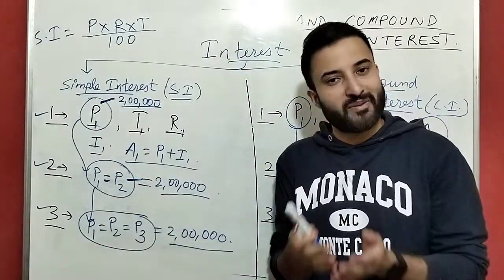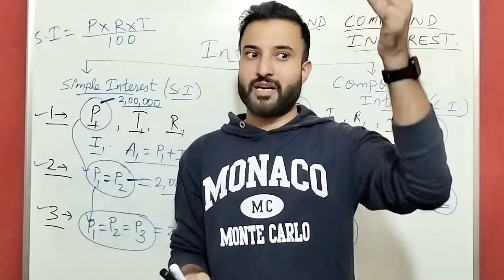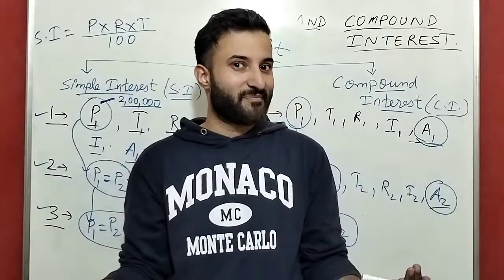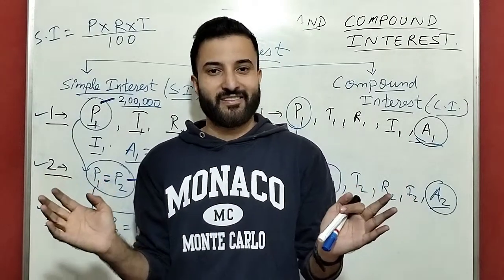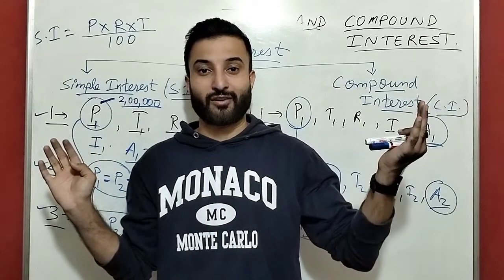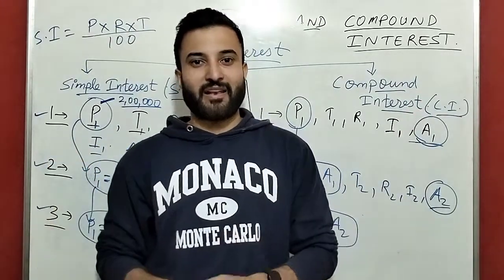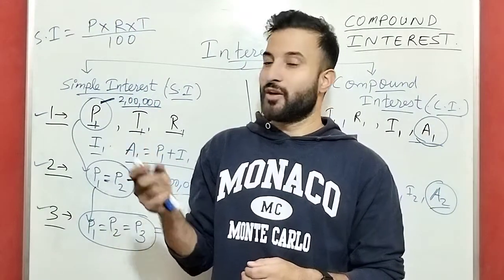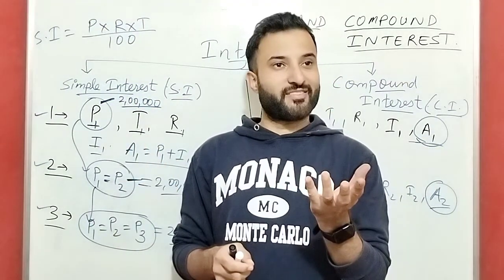Each and every year the principal remains the same. So each and every year your boyfriend is the same, each and every year your girlfriend is the same. This is simple interest. This is an aam zindagi. Now I will show you the mentos zindagi. In ads we used to see, ye hai aam zindagi aur ye hai mentos zindagi.